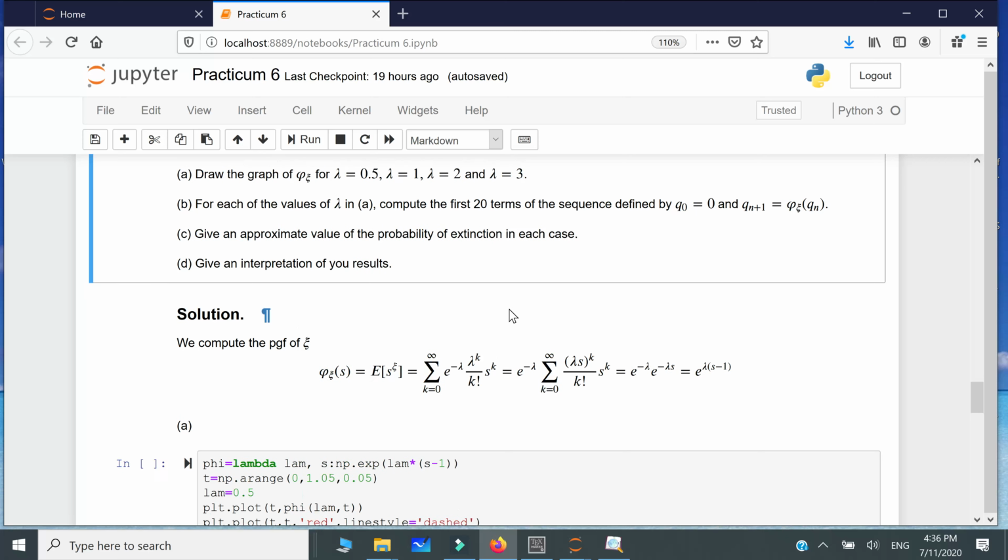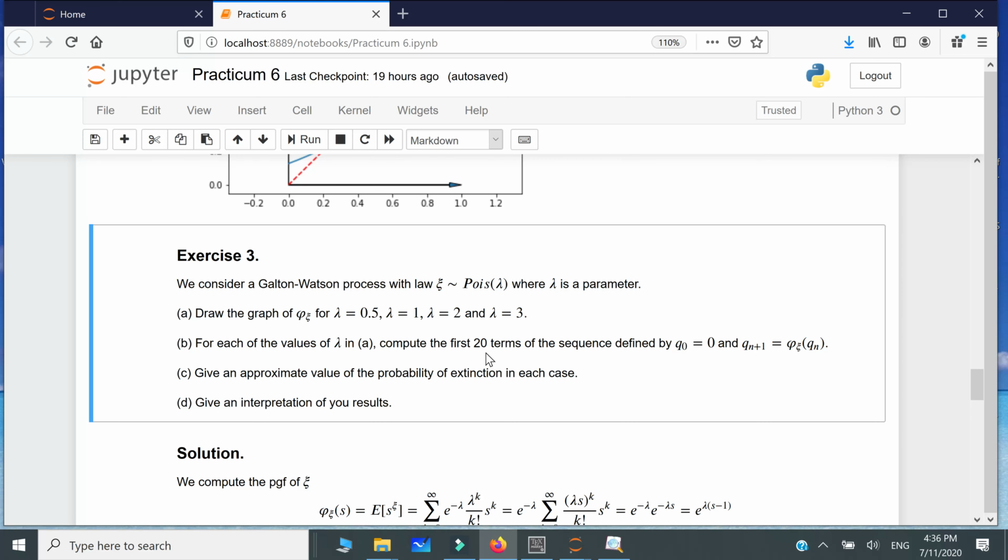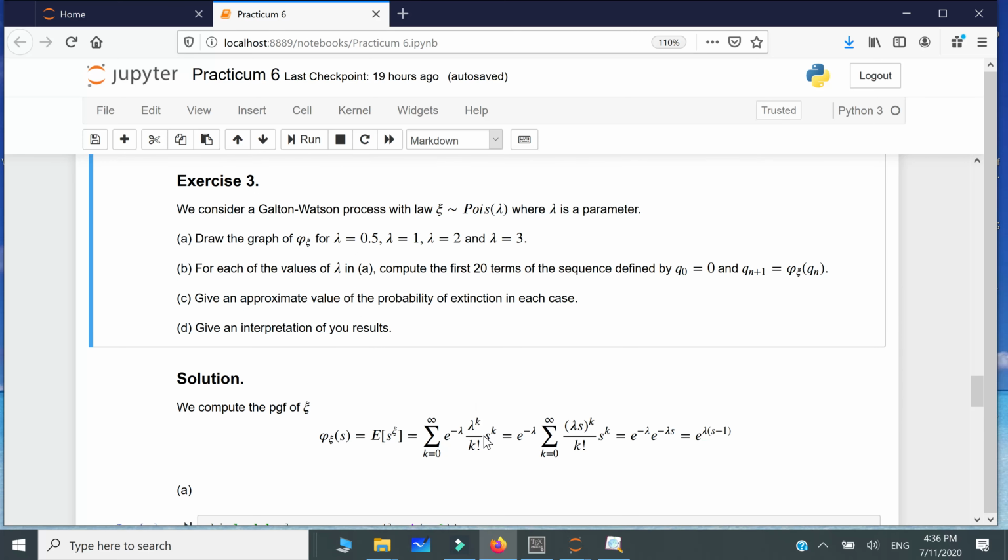A Poisson random variable takes all integer values, from 0 to infinity, with probabilities e to the minus lambda, lambda to the k over k factorial. So this is just pk here. This is the Poisson law. Okay. Now, since I have a constant factor here, e to the minus lambda, I can put it outside, and then lambda to the k times s to the k, I can write as (lambda s) to the power k.